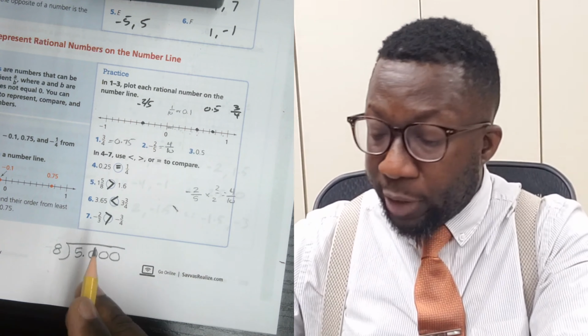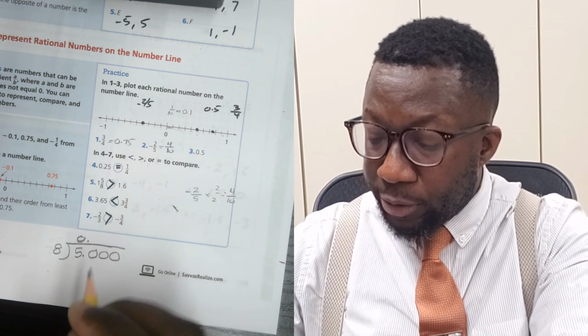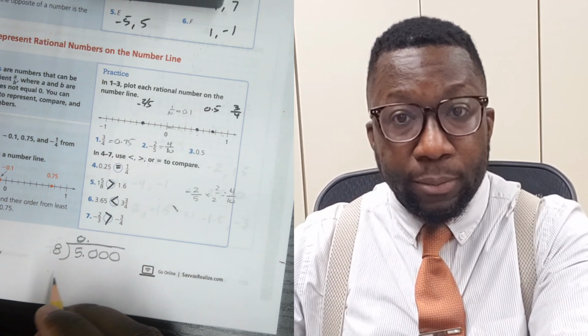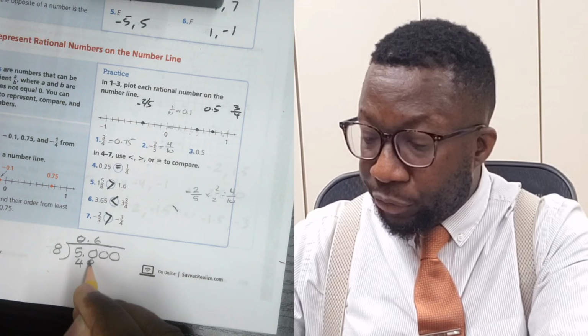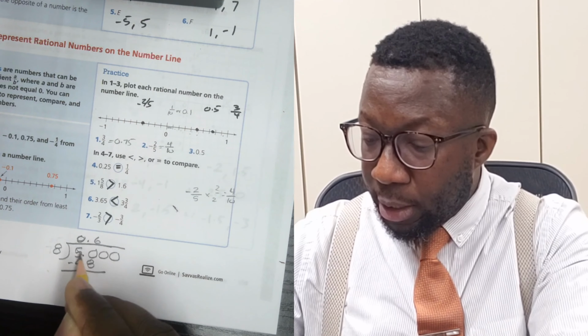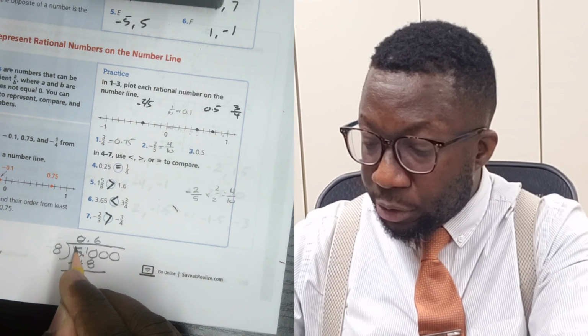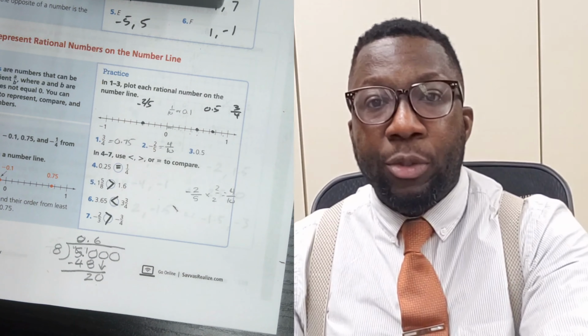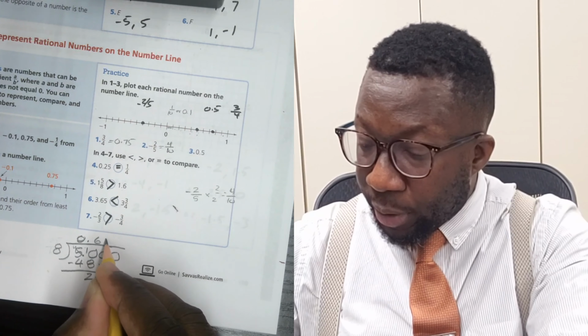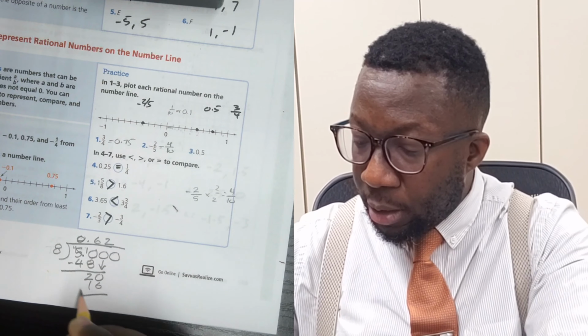Can we subtract 8 from 5? Nope. That'd be 0. Can we subtract 8 from 50? Yes. How many times? 6 times. That'd be equal to 48. When we subtract, regroup, this is now 10, this is 4, because it's 2, bring down the 0. How many times can we subtract 8 from 20? That'd be twice. That gives us 16.